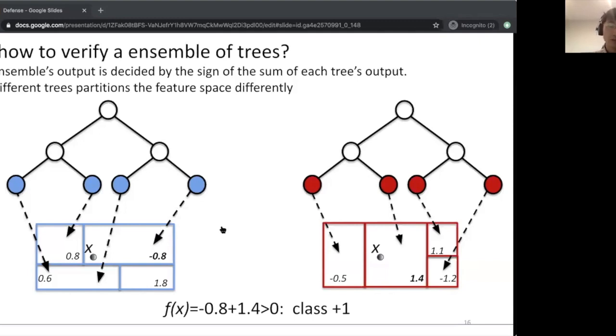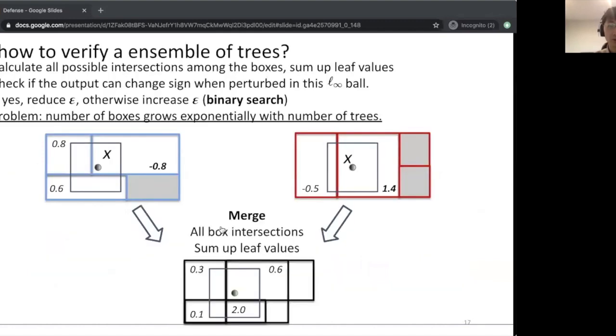But the question here is that different trees may have different structures, and so they have different partitions of the feature space. One possible way to solve this problem is to merge the 2 partitions. We can calculate all possible intersections of the boxes and calculate the value of each smaller box by summing up their corresponding leaf values.